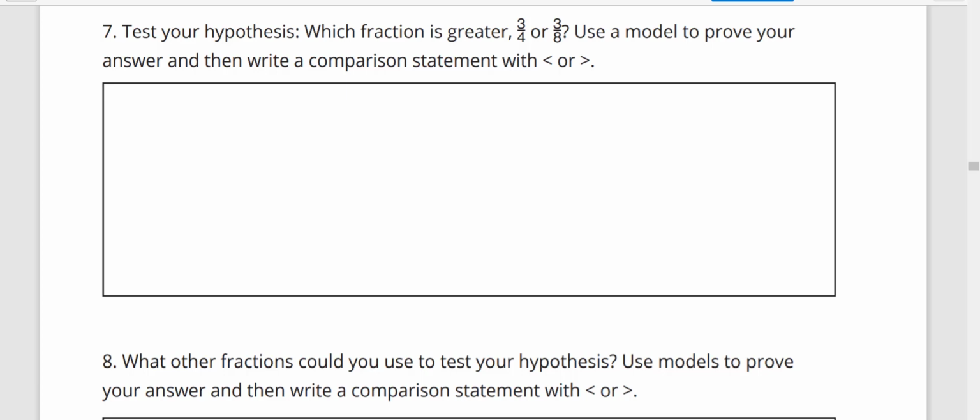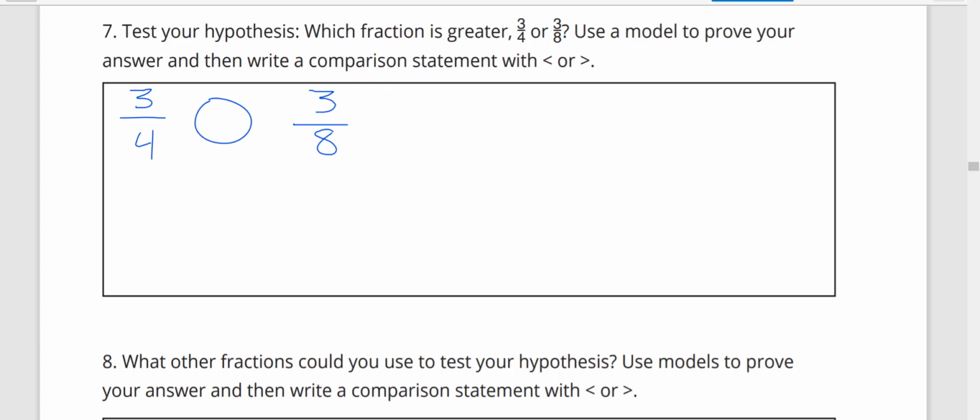Which fraction is greater, 3/4 or 3/8? First, write the two fractions, 3/4 and 3/8. Let's go. Draw models to represent the two fractions.